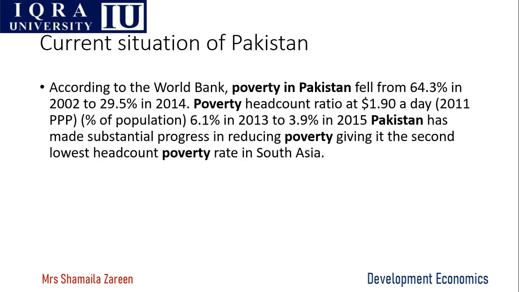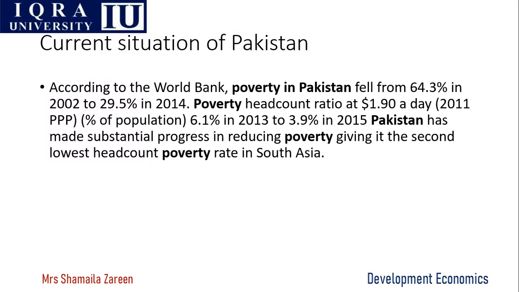Now I'm telling you about the situation of Pakistan. According to the World Bank, poverty in Pakistan fell from 64.3% to 29.5% in 2014. This data is about 2014; now the situation has worsened.